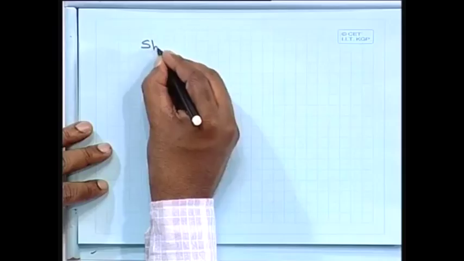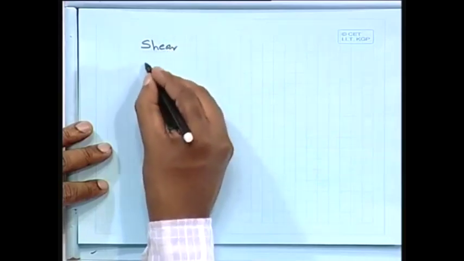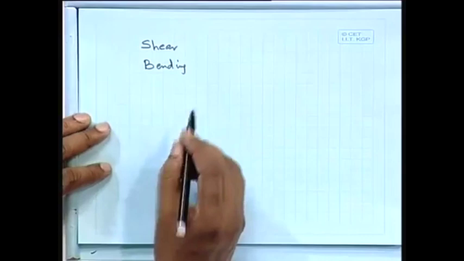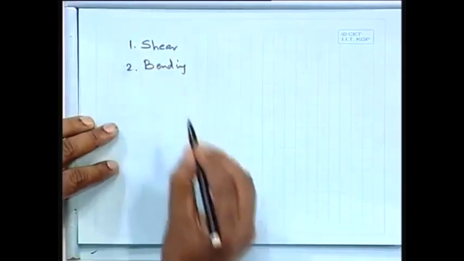Now let us come, I think what we can do, instead, let us take one problem. I think that could be easier. But before that, let us take that we have shear and bending. So we have shear and bending.